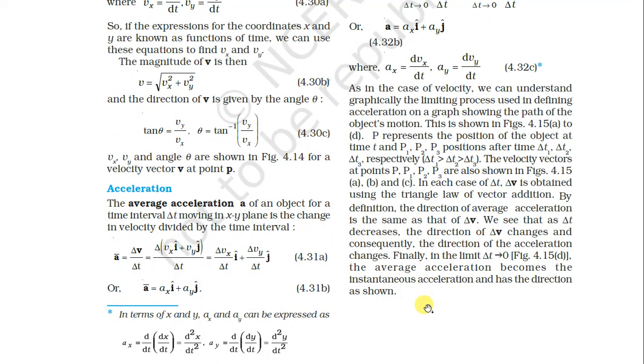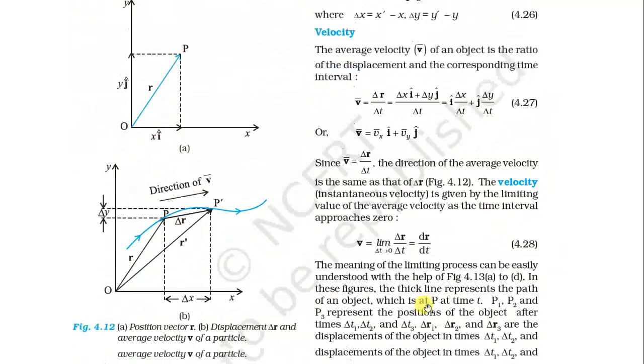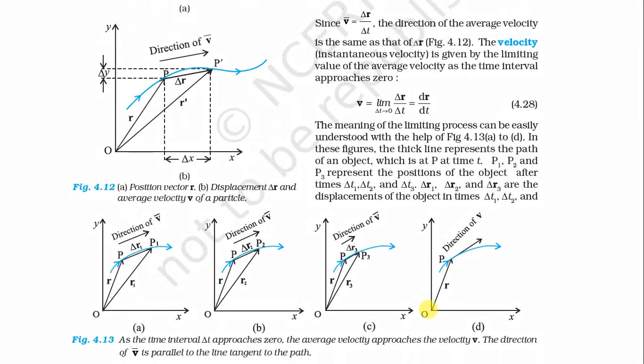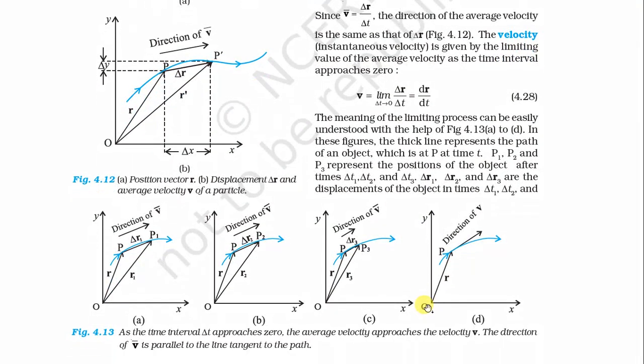To represent the positions of an object at time t, we have positions p1, p2 and p3.